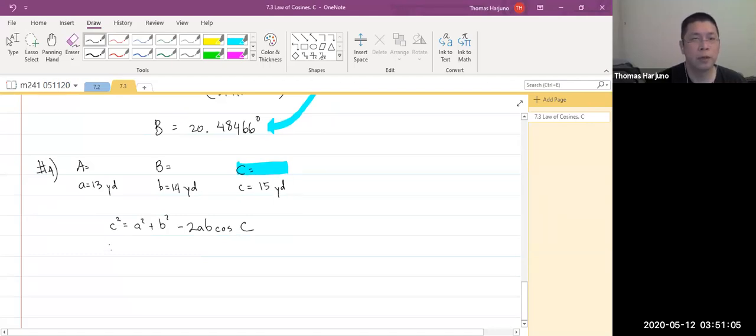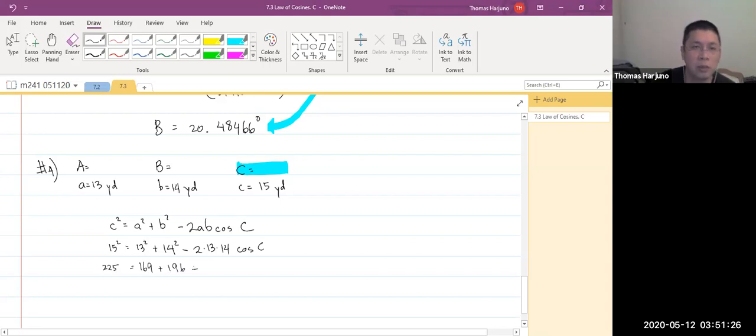Okay, so 15 squared equals 13 squared plus 14 squared minus 2 times 13 times 14 cosine C. 225 equals 169 plus 196 minus, it's 26 times 14.